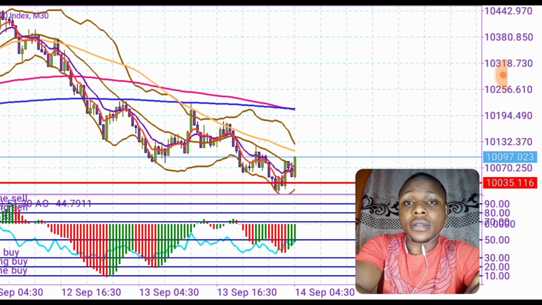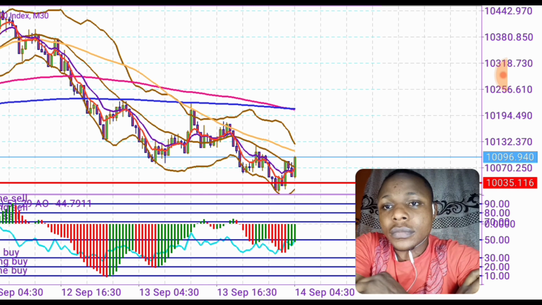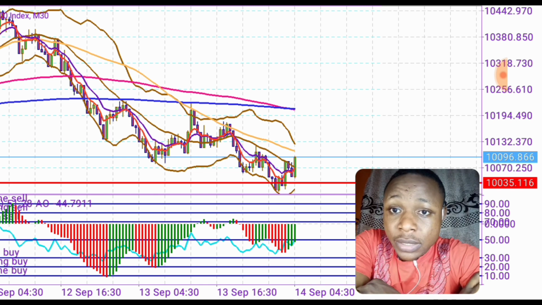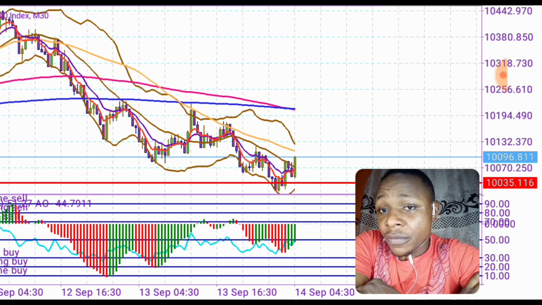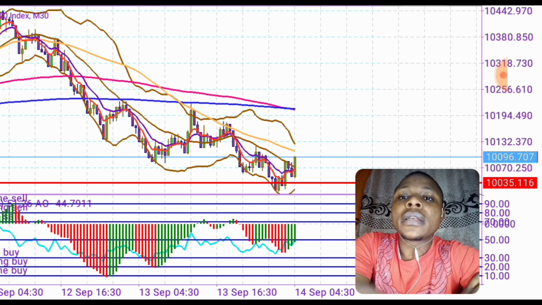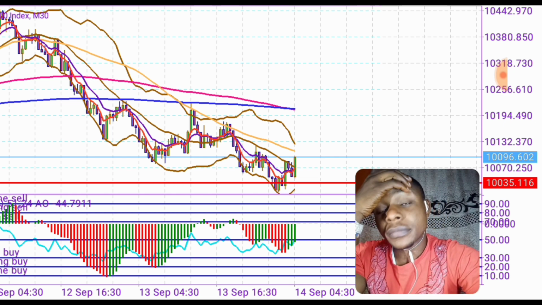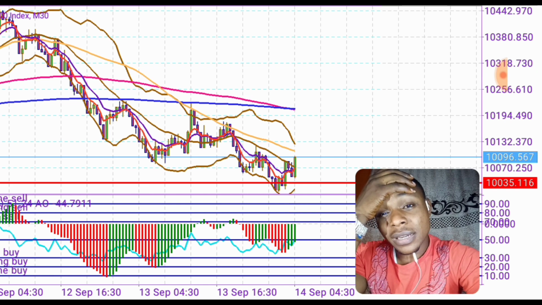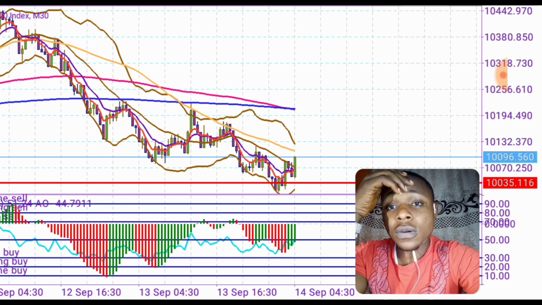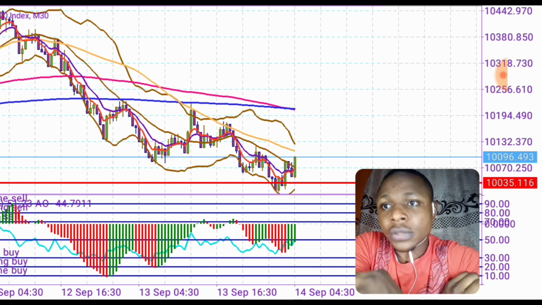I also have long-term trade. To detect the spikes, you can refer to the previous lesson on how to detect spikes. Now another strategy, it works on every strategy you want to use.